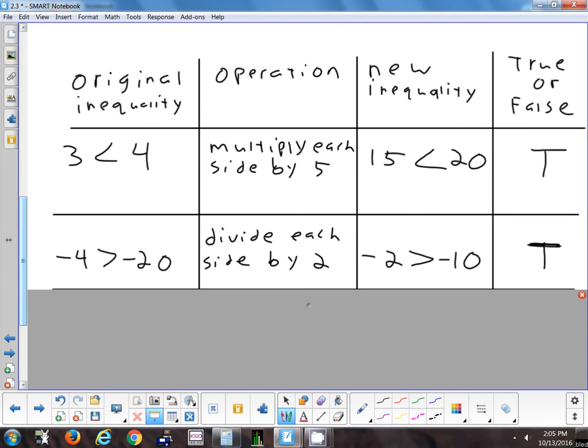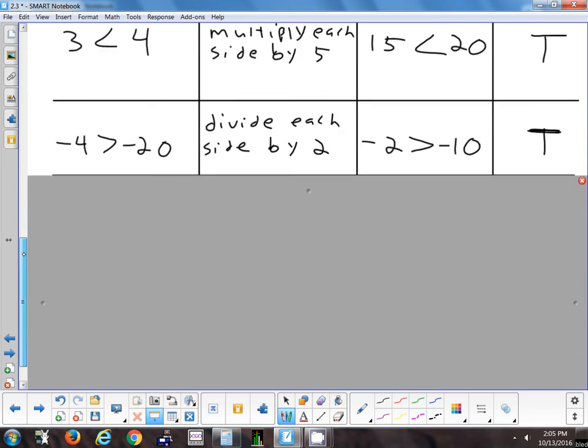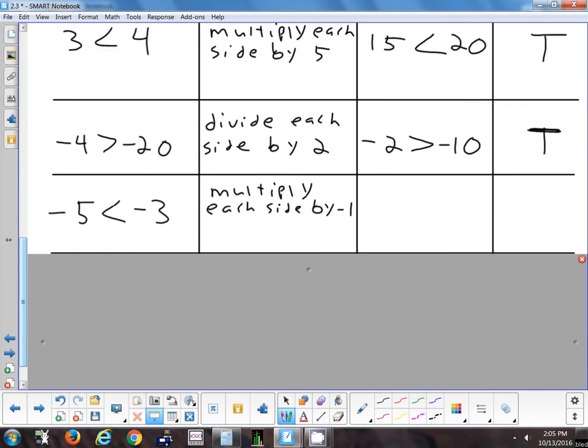So far everything seems fine. Well, let's see what happens here. Negative 5 is less than negative 3. First of all, is that true? Yes, negative 5 is a smaller number than negative 3. Negative 5 is more negative. Let's multiply each side by negative 1.